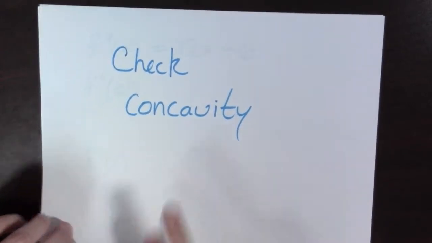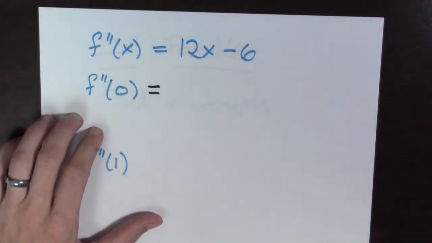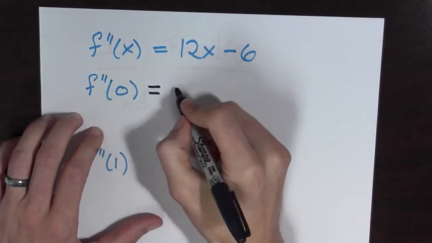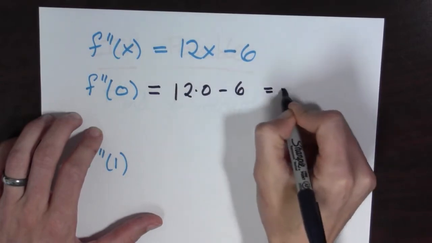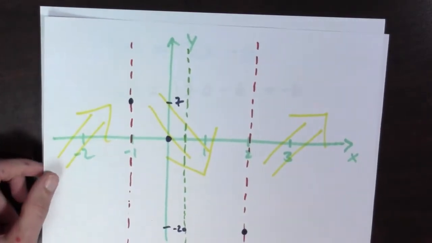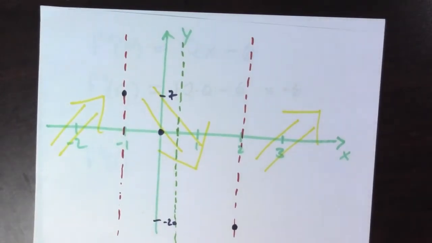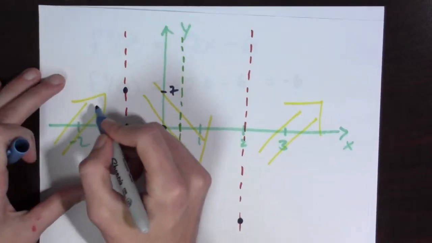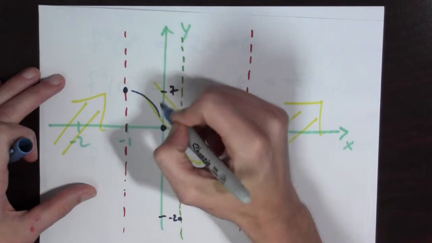So if I can pick up this piece of paper, there we go. f double prime of 0 is equal to 12 times 0 minus 6, which is equal to negative 6. That means that our function is concave down, and so it's going to look something like this.